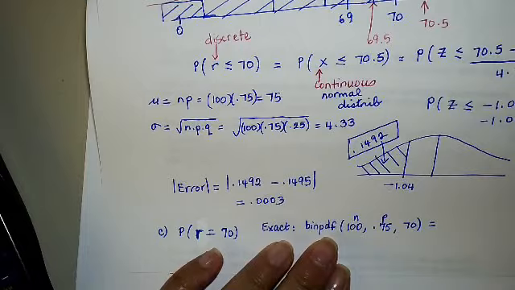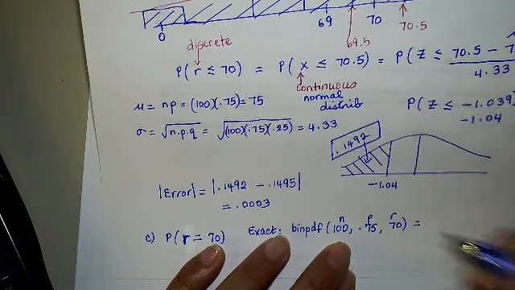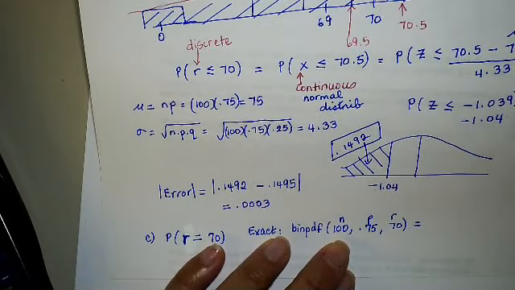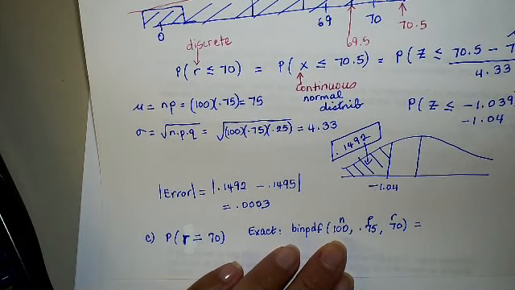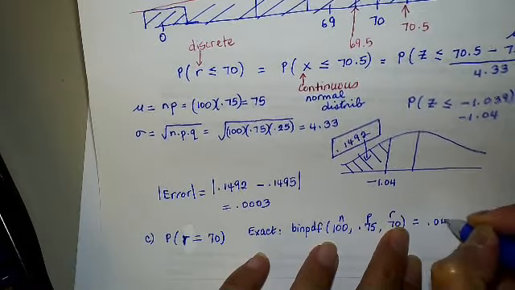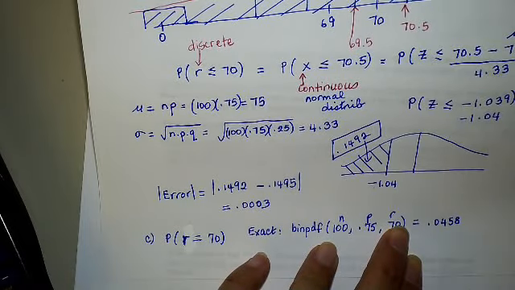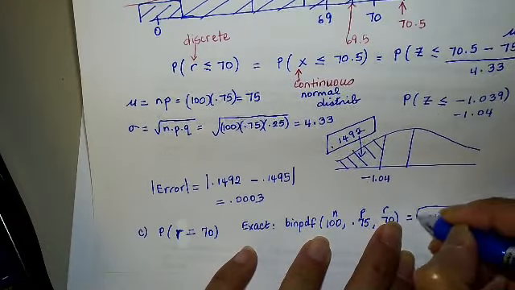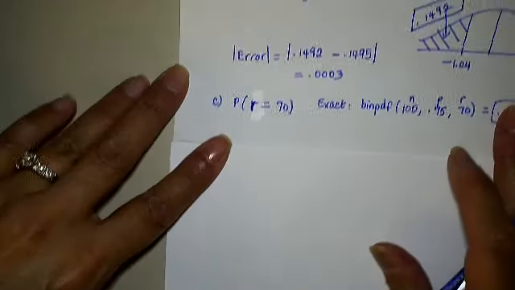Notice I'm doing PDF because it's exactly 70. So what do we get for this one? If you could stick that in the calculator, n, p, r: 100, 0.75, and 70. 0.0458. Okay, 0.0458. That's the exact answer.